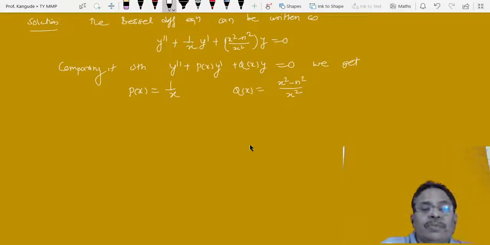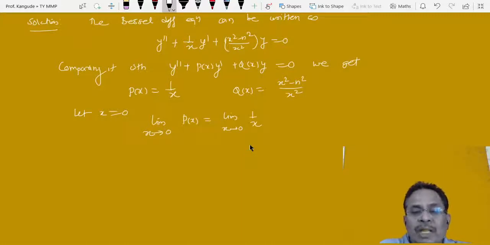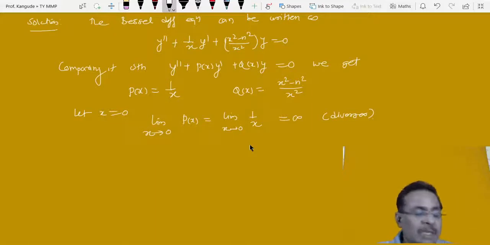And let's check here. We are asked to take x0 to be 0, so the origin is to be taken. At x is equal to 0, limit x tends to 0 of p of x is equal to limit x tends to 0 of 1 upon x. So when I put the value of x is equal to 0 here, 1 upon 0 becomes infinity, or that is called as diverges. So p of x itself diverges, or that becomes infinite.